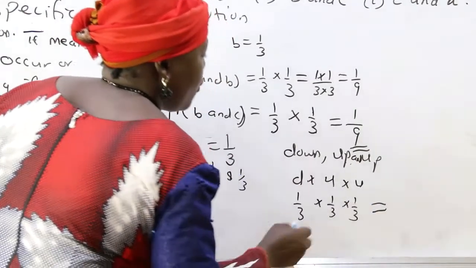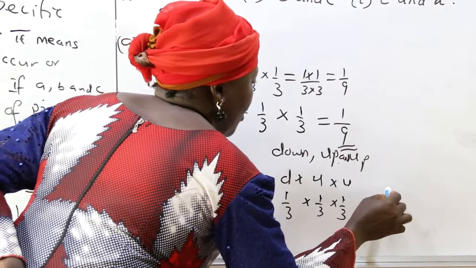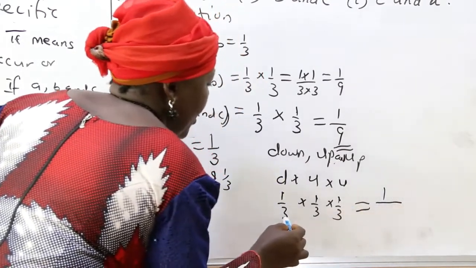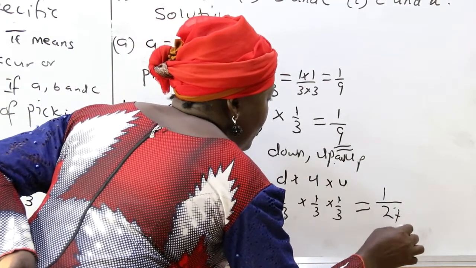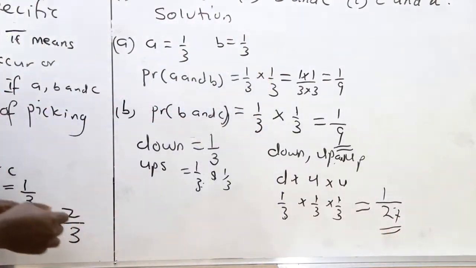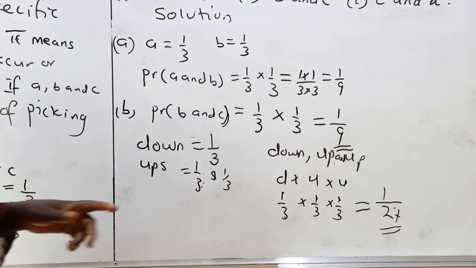This one now will give you 1 times 1 times 1, over 3 times 3 times 3, you are going to have 27. So the probability of getting down, comma, up, and up will be 1 over 27.